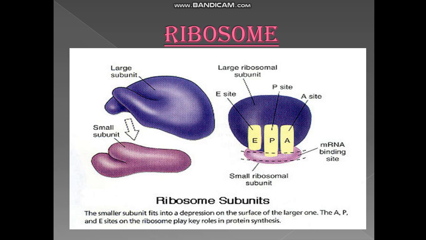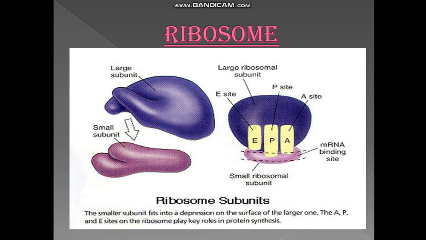Although they have not asked, we may expect that this can happen. The larger subunit provides the A site, P site and E site for handling the transfer RNA, and the smaller subunit helps by providing an mRNA binding site. So the functions of both these subunits are very important.